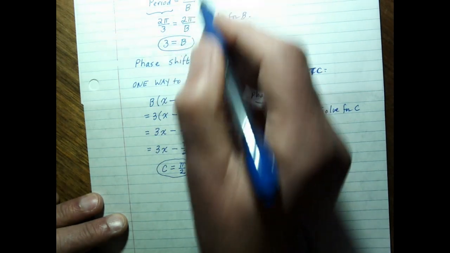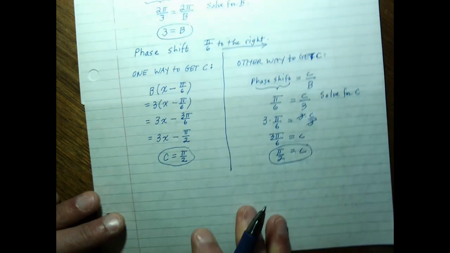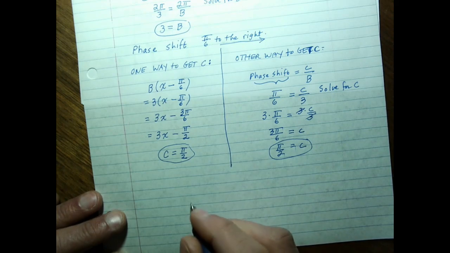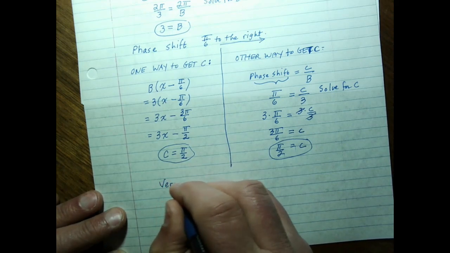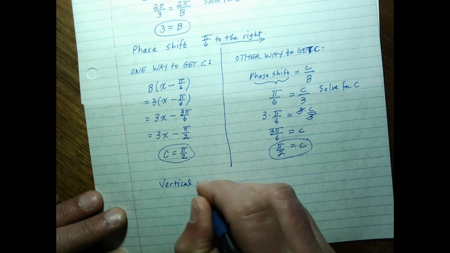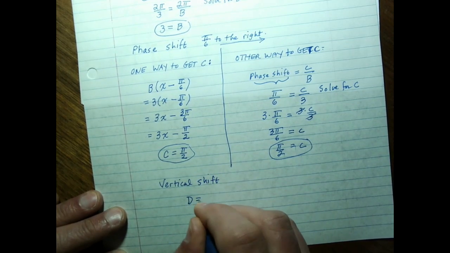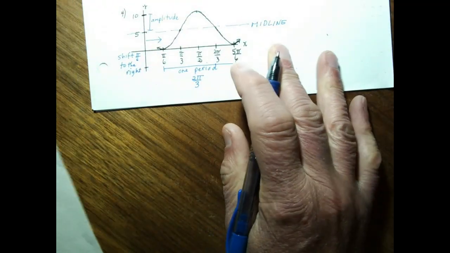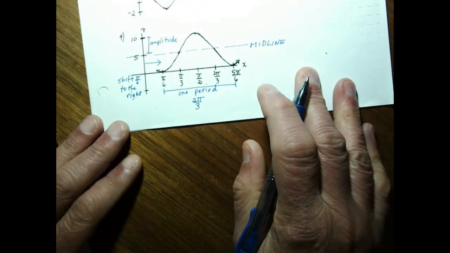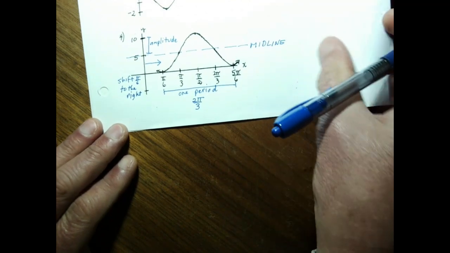So we have A, B, C. We still need D, and to get D, we need to think about the vertical shift. Going back to my graph, we can see the vertical shift here.